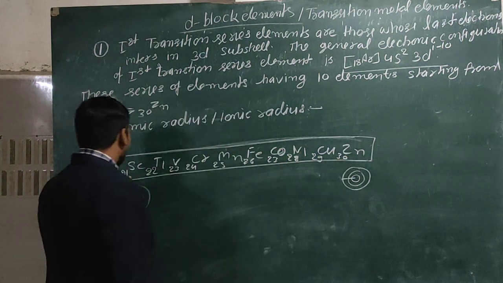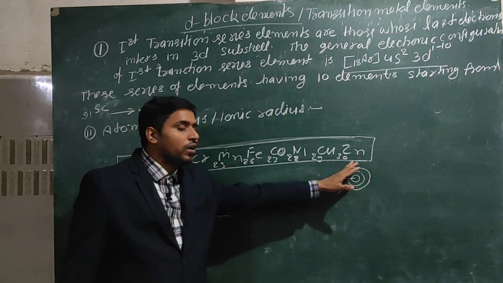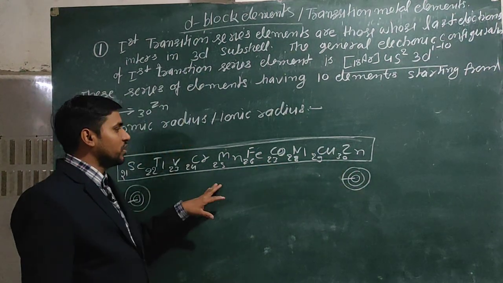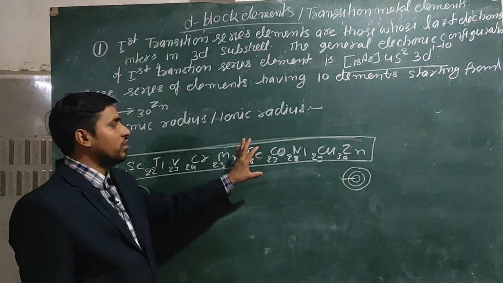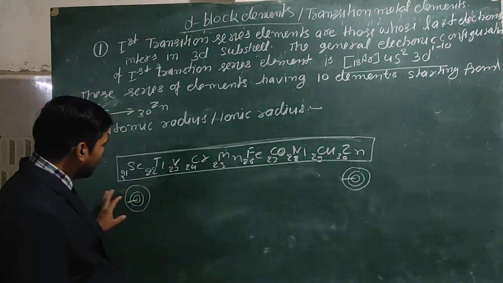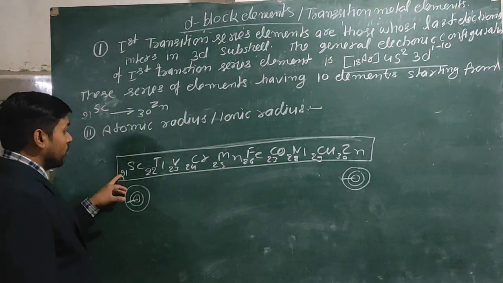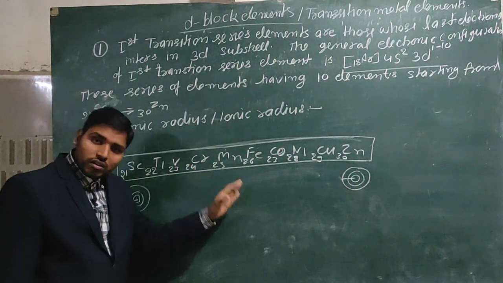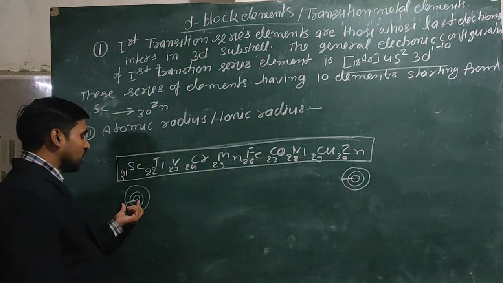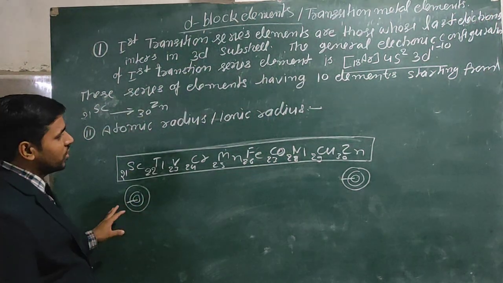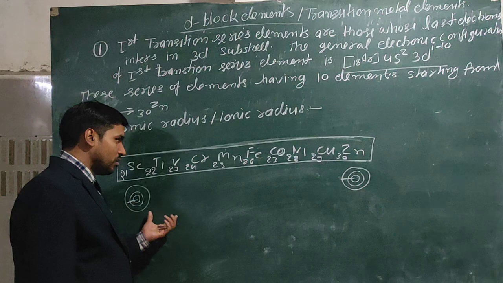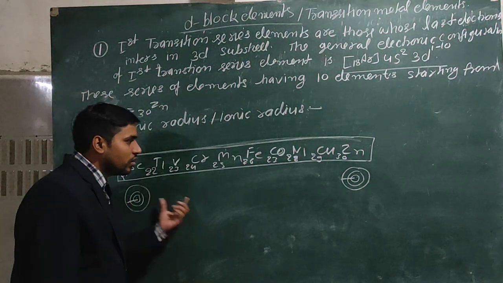You can see from 21 to 30 the electrons continue increasing as we move from left to right in the period of the periodic table. The number of electrons increases, but the number of shells never increases. Thus the atomic radius decreases.